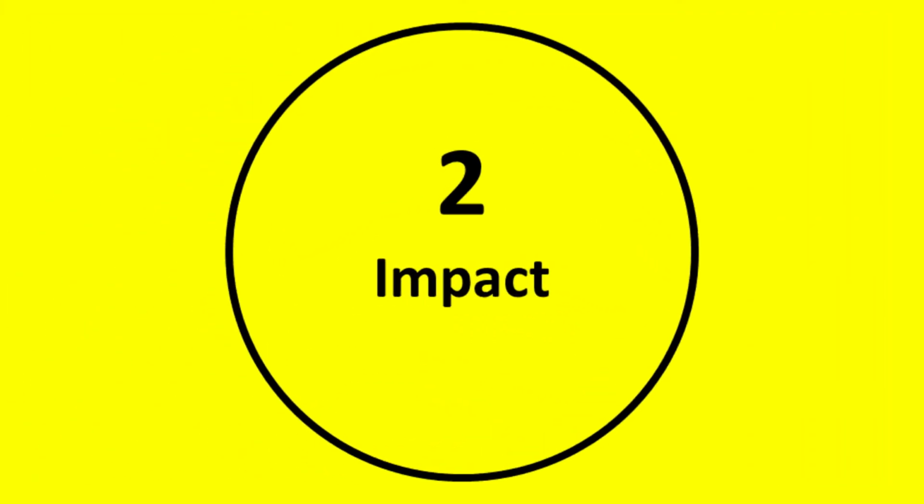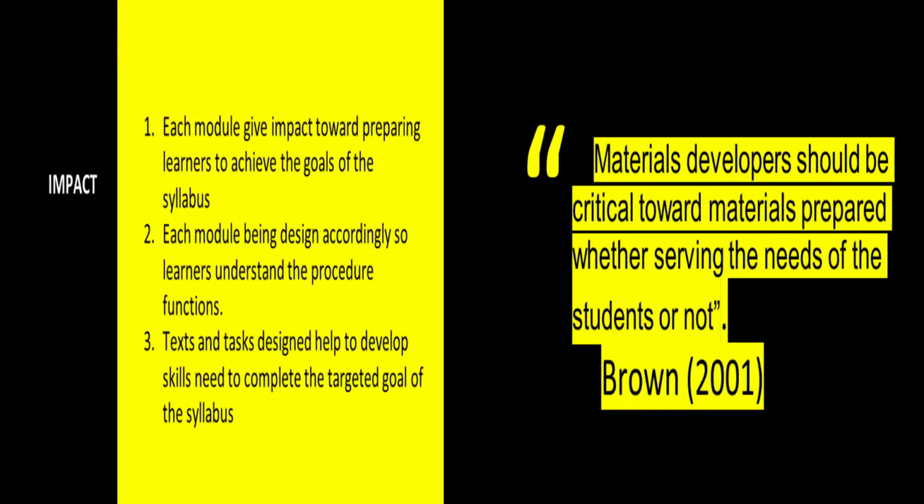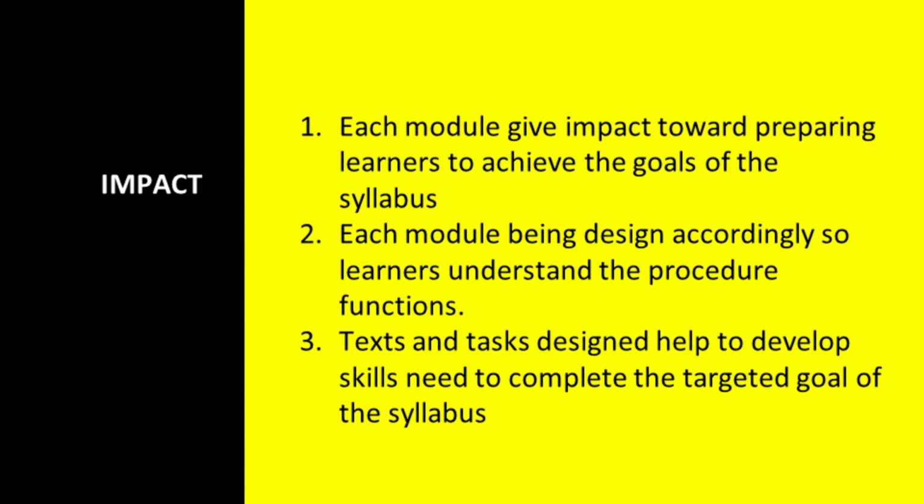Found in 2001, material developers should be critical toward their material, whether it is serving the needs of the students or not. In this ESP material context, we can see that each module and material gives impact toward preparing and polishing learners' language skills to achieve the goal of the syllabus.